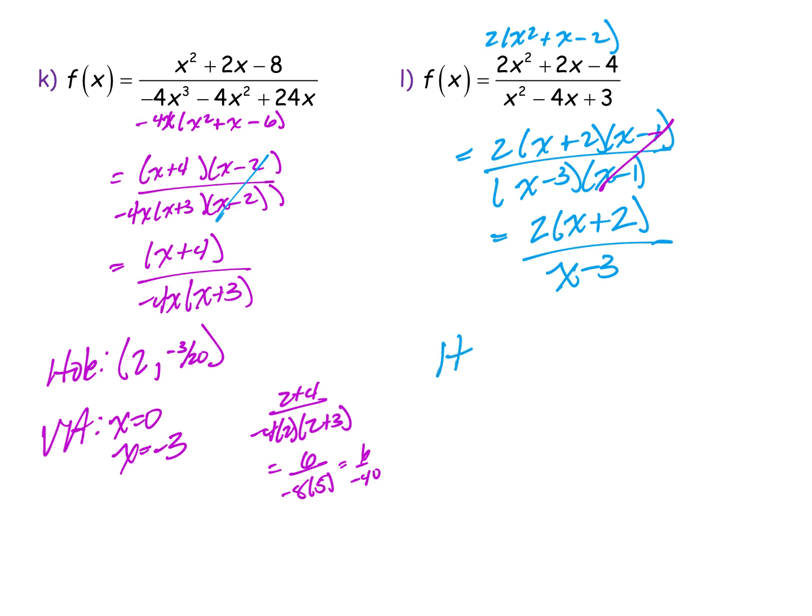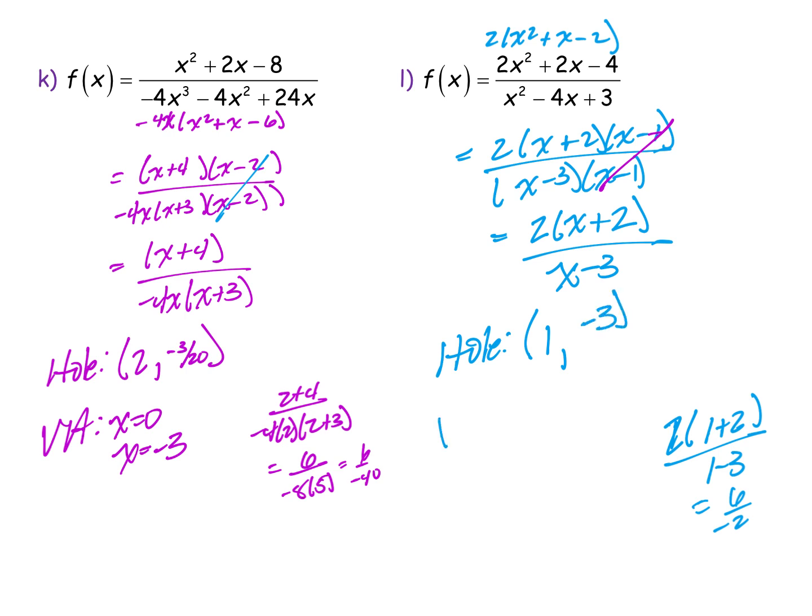So my hole is going to be at 1. It's 2 times (1 plus 2) over (1 minus 3), which should be 6 over -2, which is -3.